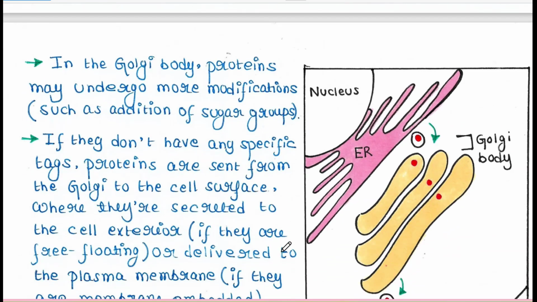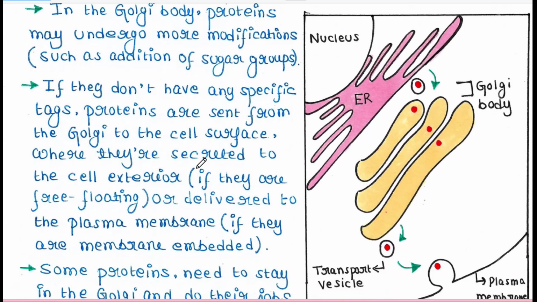In the Golgi body, proteins may undergo more modifications, such as addition of sugar groups. So some proteins are now transported from the ER to the Golgi body via these vesicles. And in the Golgi body, they undergo certain modifications such as addition of sugar groups.